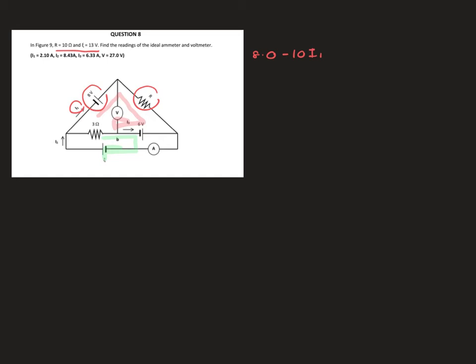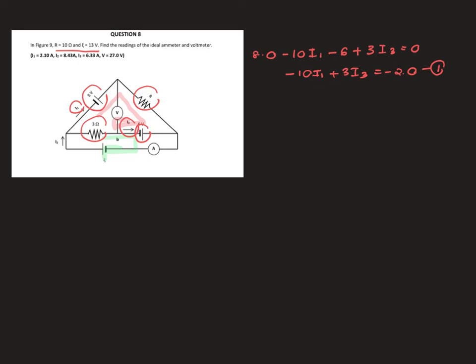And then this one negative 6, and then this one, because the assumption loop and the current is in the opposite, therefore I'm going to get positive 3 I3 equals 0. So rearrange everything back, so I'm going to get plus 3 I3 equals negative 2.0. Okay, done with the first equation.